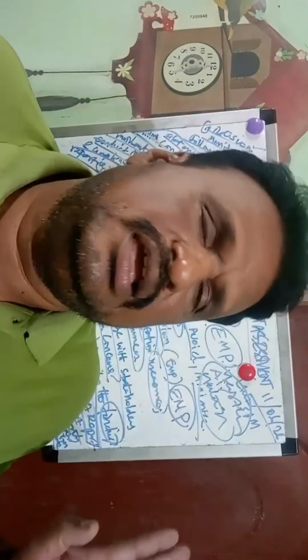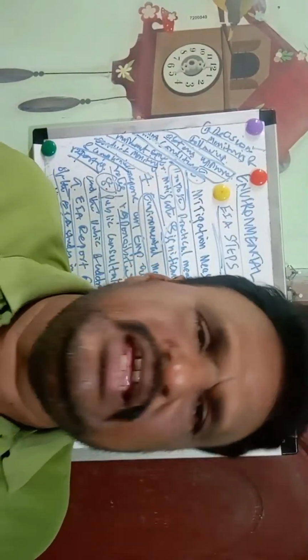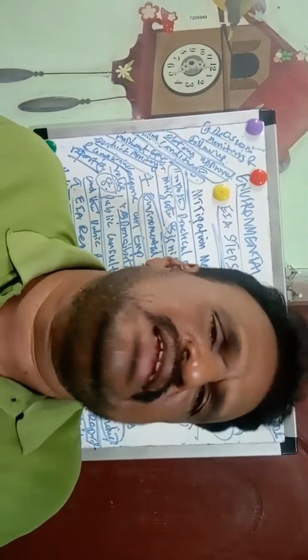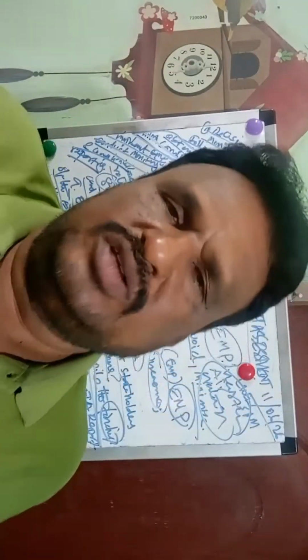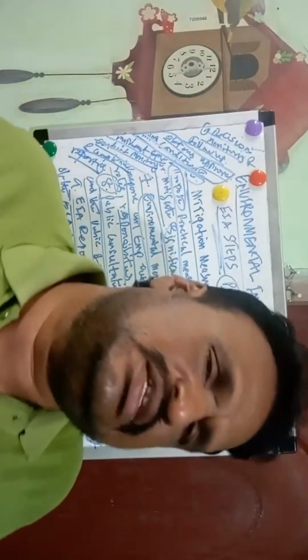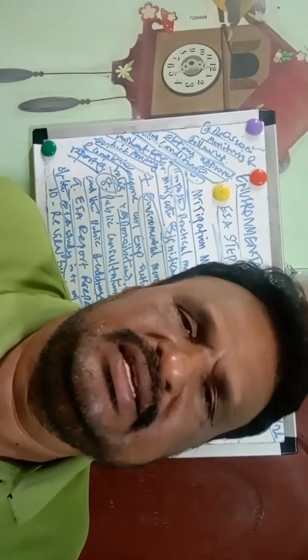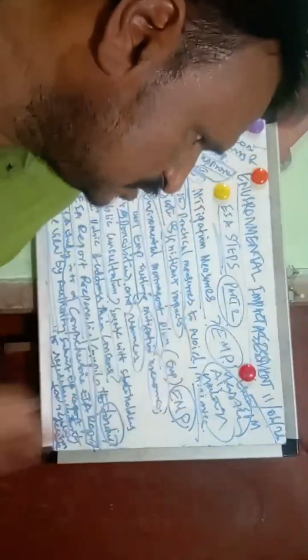The EIA is definitely helpful. It makes the step-by-step process very clear. That process helps you a lot to improve your standards and company standards. So those were the steps of environmental impact assessment part 2.